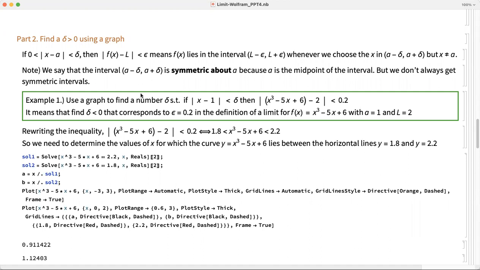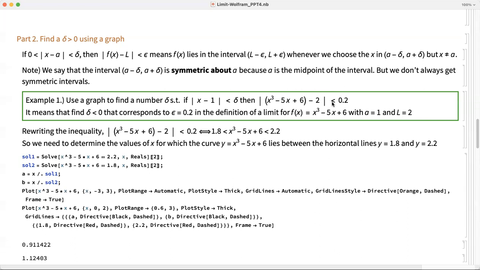So let's take example one. Use a graph to find the number delta such that if |x − 1| < delta, then |f(x) − 2| < 0.2, where f(x) is this cubic polynomial. The number 2 is L, and 0.2 is the specific value for epsilon, and we need to find delta so that the inequality will be satisfied.